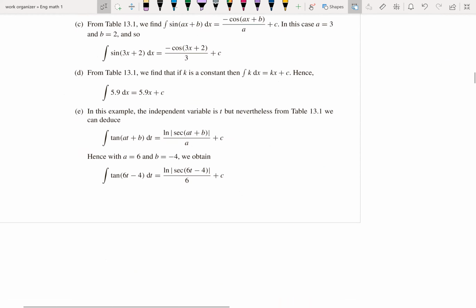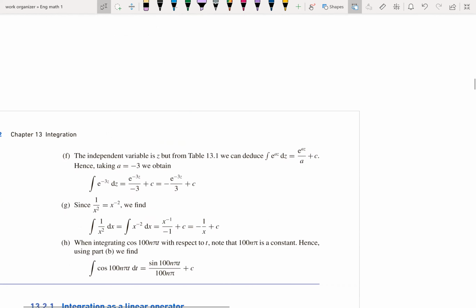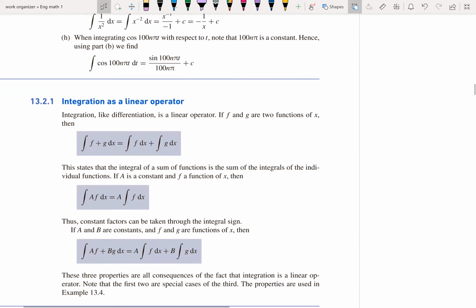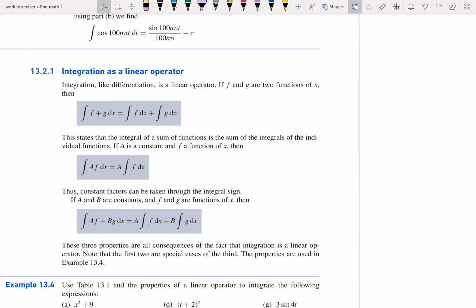Okay, so next, integration as a linear operator. Same as differentiation, if there are two functions f and g, maybe they are grouped together, so we can ungroup them and then do integration one by one. So first the integration of f, then plus the integration of g.